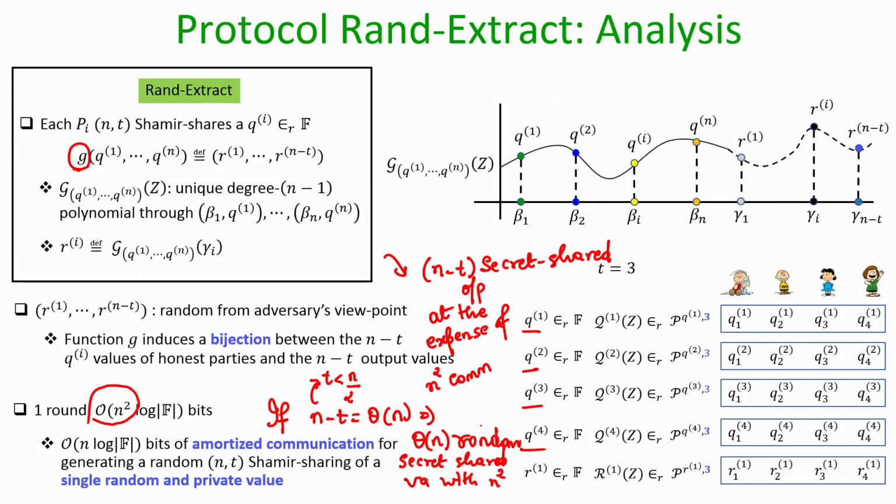That means, in amortized sense, generating one random secret shared value requires a communication of linear in the number of parties in terms of field elements, and that is why this is a very powerful protocol. It tells you how to generate one random secret shared value with no party knowing the value of that random value at the amortized expense of n log f bits of communication.